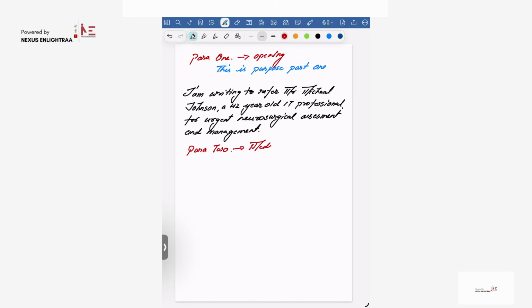Okay. Now paragraph 2 is the medical history and past history. I'm going to write this and I'm going to speed it up so that you don't have to wait for me to complete the writing.